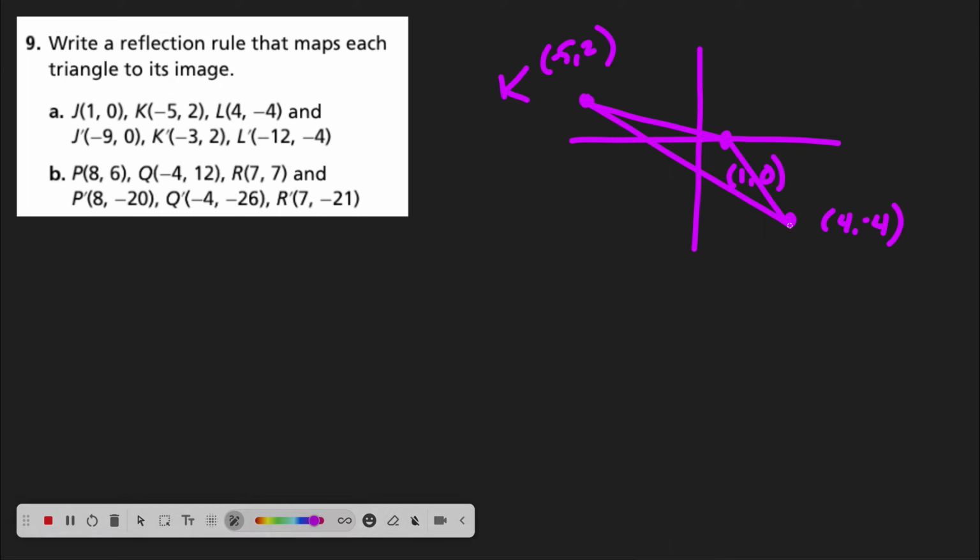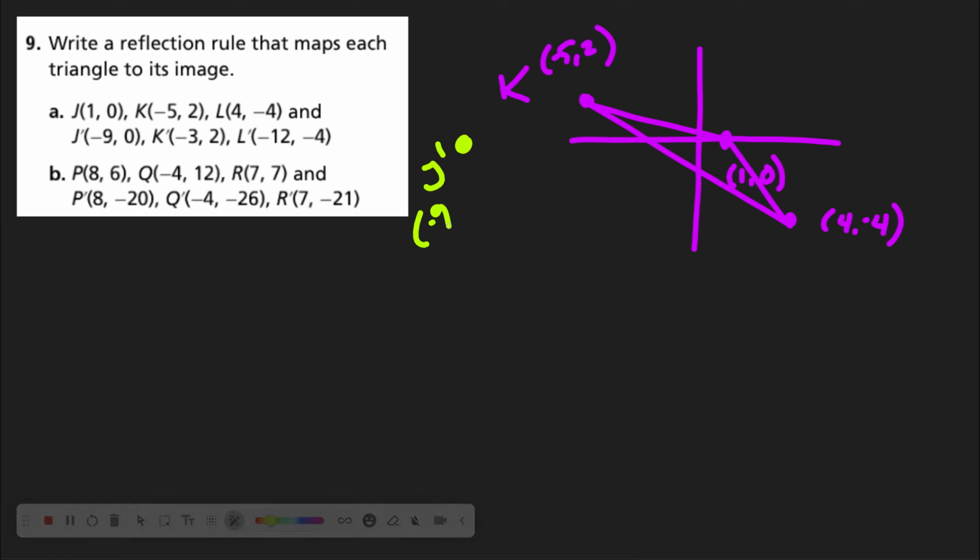Our new colors. J is negative 9 comma 0. Negative 3 comma 2 is our new K. And let's see, negative 12, negative 4.